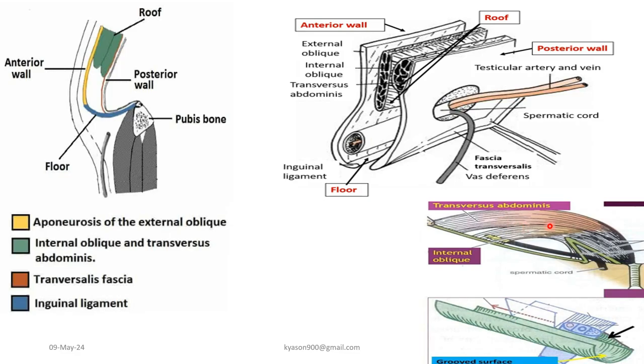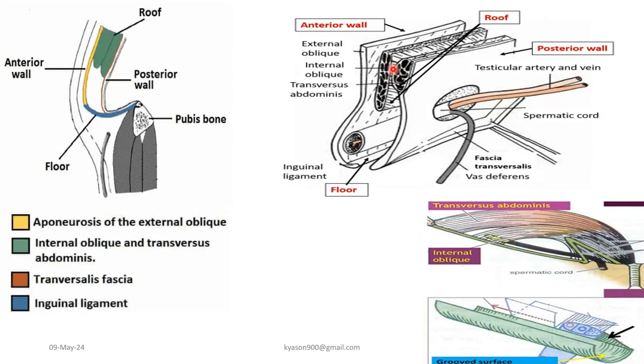Remember, the conjoint tendon is formed by the union of the fibers of the transversus abdominis and the internal oblique. So those will form the conjoint tendon that will run above our inguinal canal.